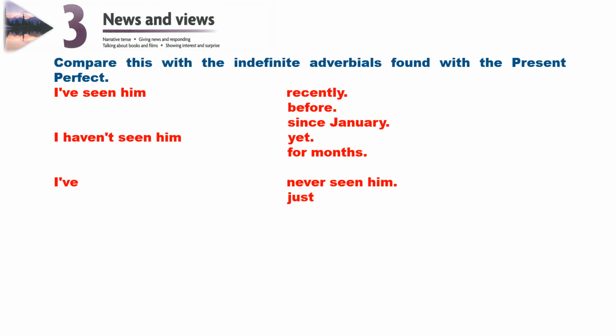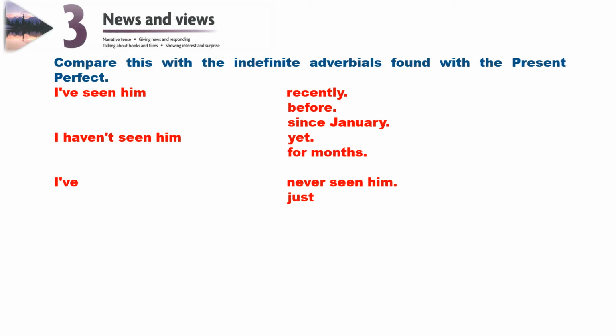Okay, when we compare the previous examples with the present perfect, in the present perfect, indefinite adverbs are used. For example, I have seen him recently, or I have seen him before, or I have seen him since January. So all these adverbs are indefinite adverbs.